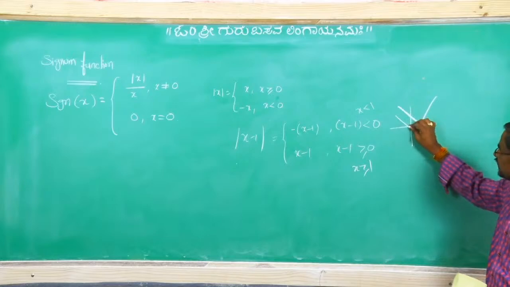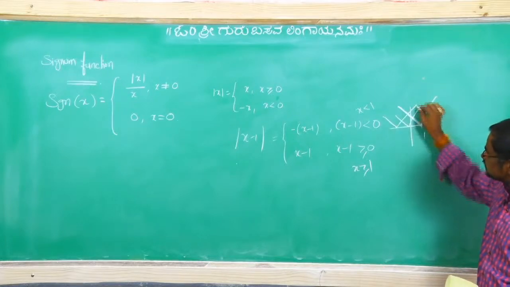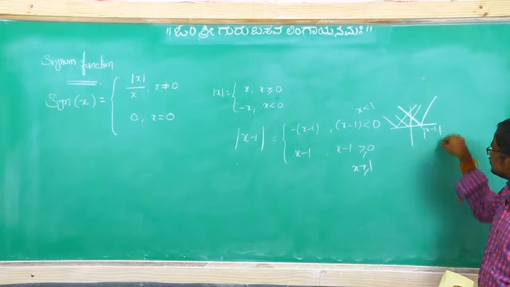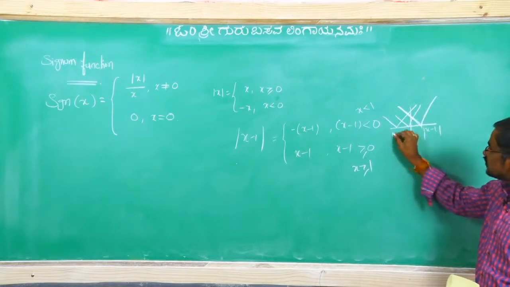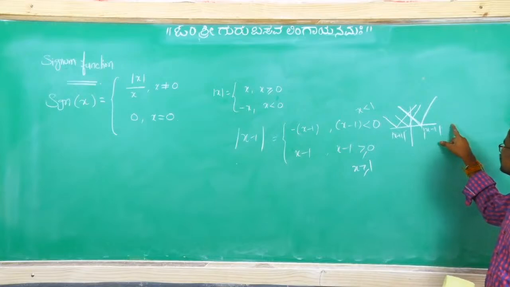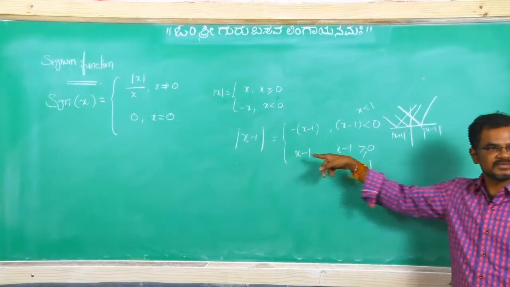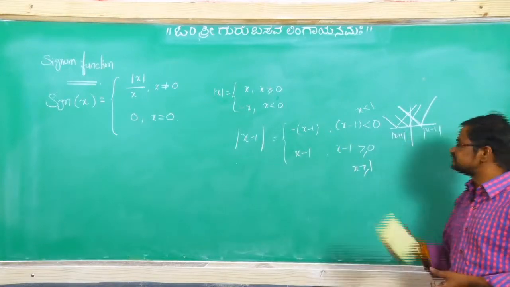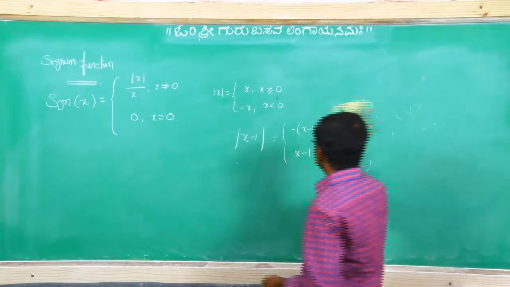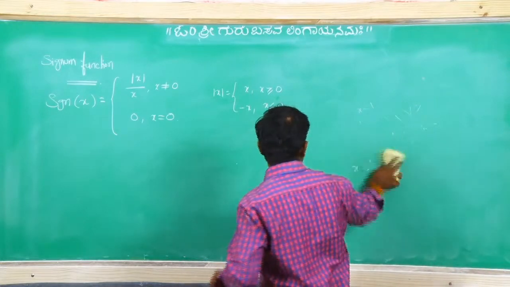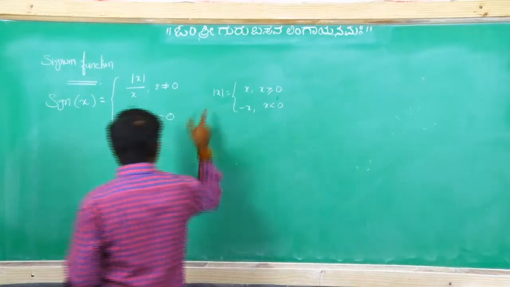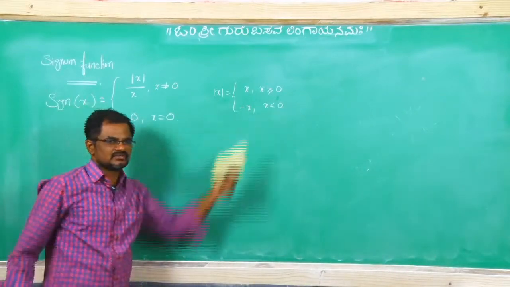This is mod x, this is mod x minus 1, this is mod x, this is mod x plus 1, here x minus 2, x minus 3, here x plus 1, x plus 2, like that. So the mod x condition is this one.